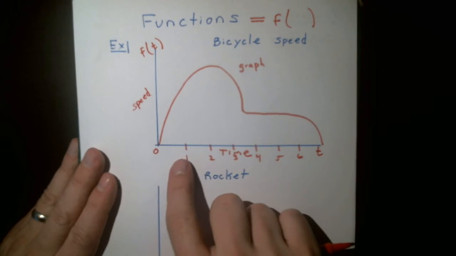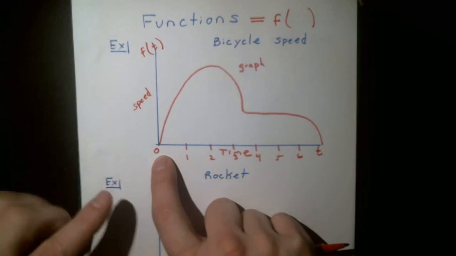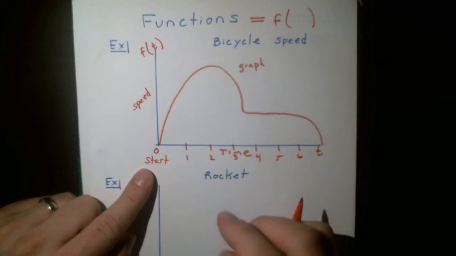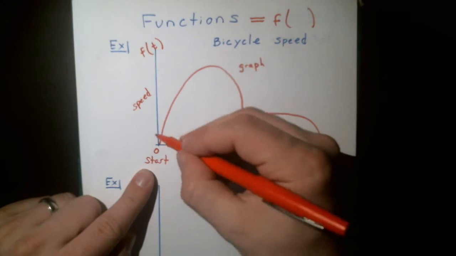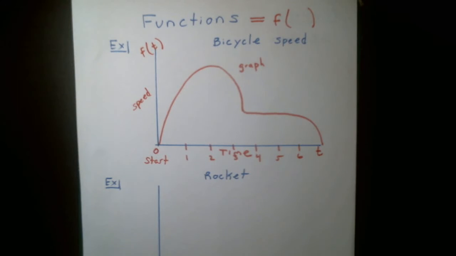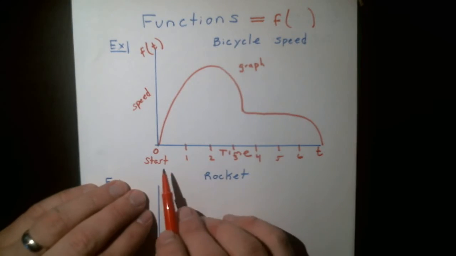It makes sense that you're starting at 0. So here's your start, and your time is 0. Well, your speed is 0. So you got on the bike, and you're just going to sit there. You haven't started, you haven't sped up or anything like that, and time hasn't ticked.